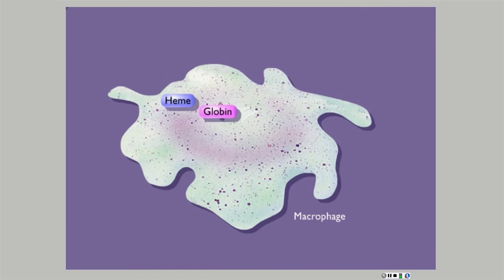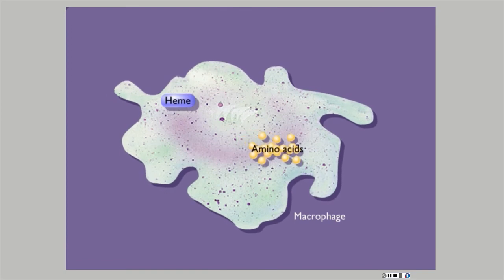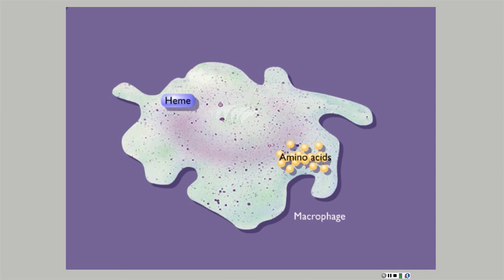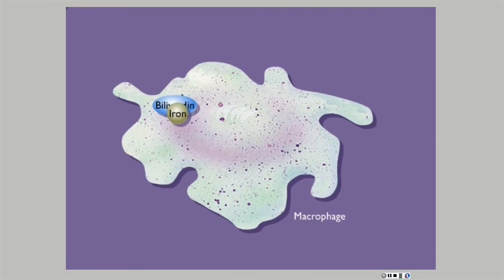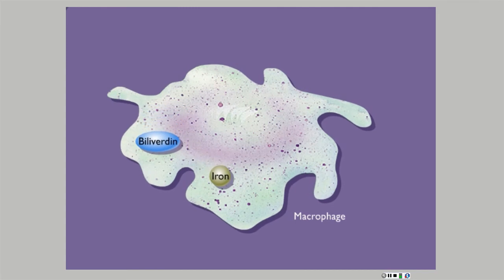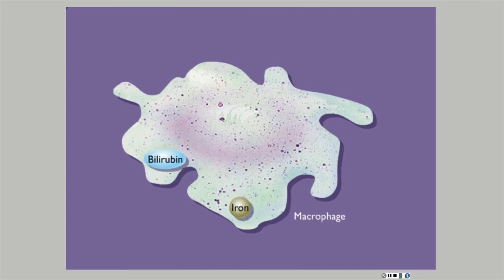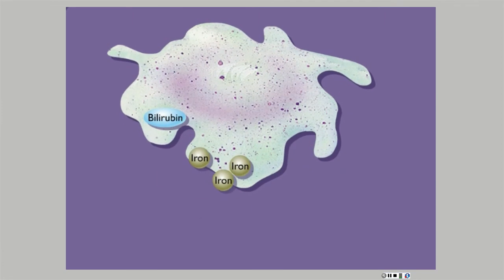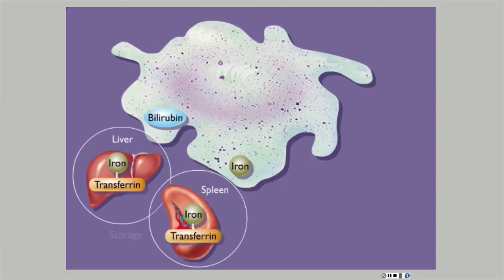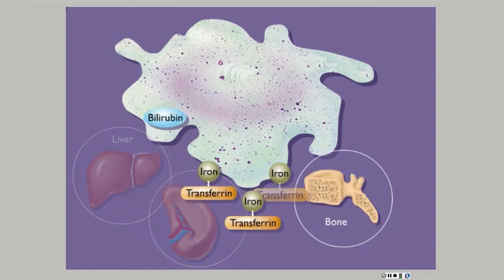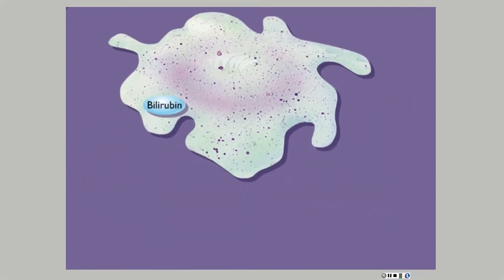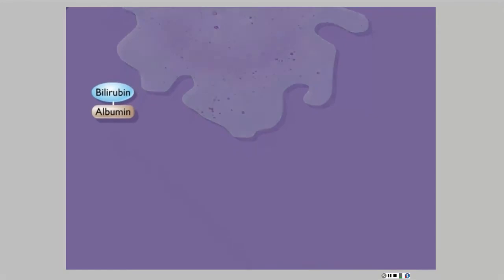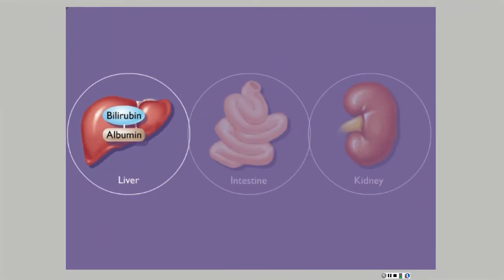So there, it's split into the heme and the globin. Amino acids, they're going to go be recycled to make more proteins. The heme is split, and there's the iron to be recycled. Biliverdin, going to be converted to bilirubin. Bilirubin traveling in the blood gets taken up by the liver.